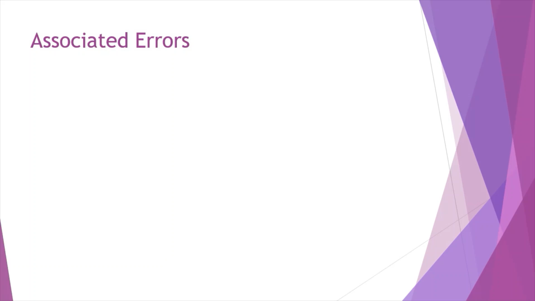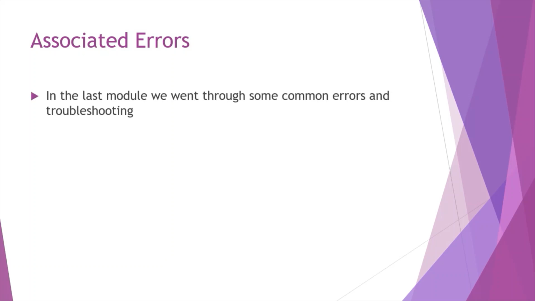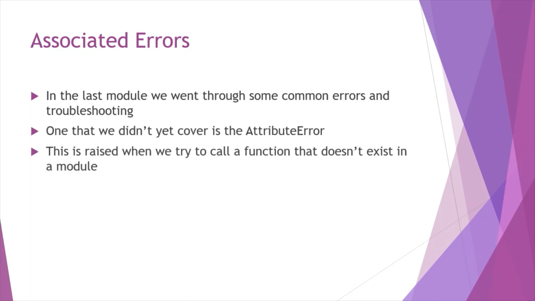So the associated errors. In the last module, we went through some common errors and troubleshooting. One that we didn't yet cover is the attribute error. It's raised when we try to call a function that doesn't exist in a module. So for example, if we call datetime.directory, obviously the module doesn't have this function, so it will raise something called an attribute error.